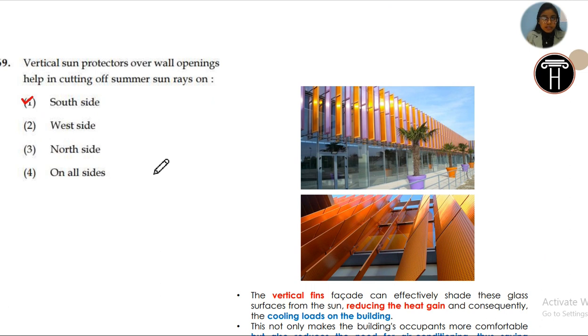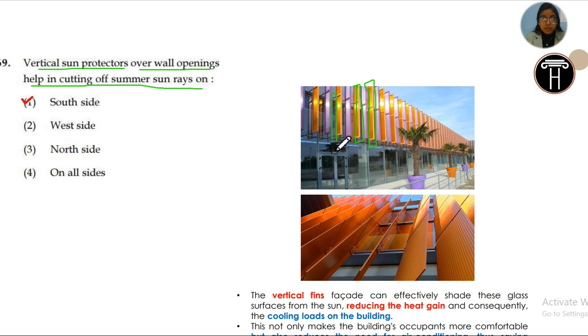Next question we have is, vertical sun protectors over wall openings help in cutting off summer sun rays on which side? The four sides are given to you. So see in this image, this is your vertical sun protector, and it is over a wall opening.